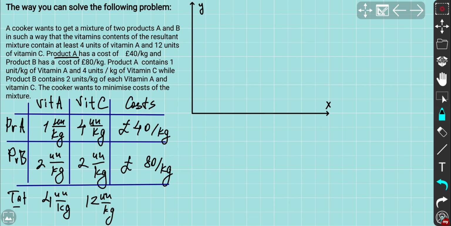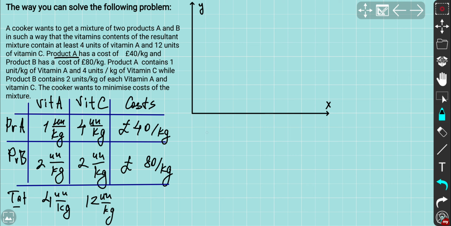So what about costs? We need to minimize, so here is going to be the objective function. All right. First of all, let's set up x and y as the corresponding weights, or masses.